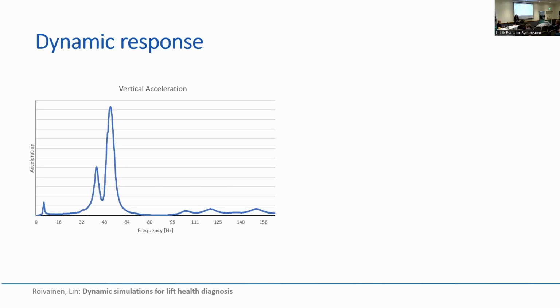About the meshless solution. For the car, we were interested in local phenomena. So not to see just a block going up and down, we wanted to see what is happening inside the car. So we use this meshless solution, which means that in finite element, we divide the structure into small elements and use element-based shape functions to calculate the solution.